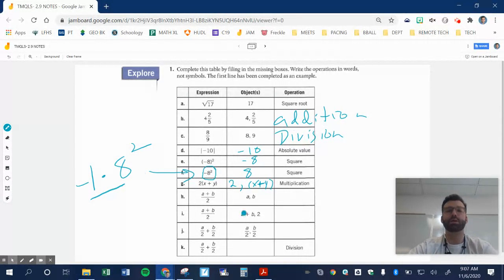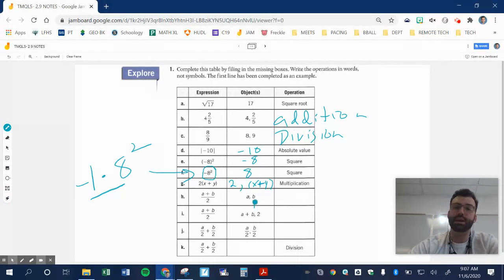All right, my two objects here are 2 and x plus y. Here I don't know that I agree that a plus b is the only, or a and b are the only objects. I guess you can make that argument because in the second one, these are the exact same thing. I don't see anything different between these two.